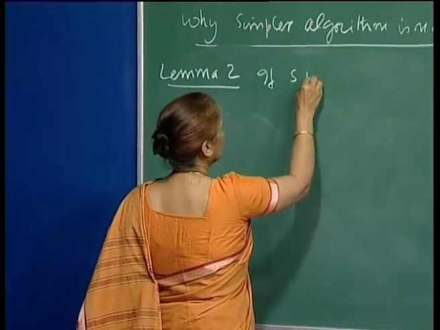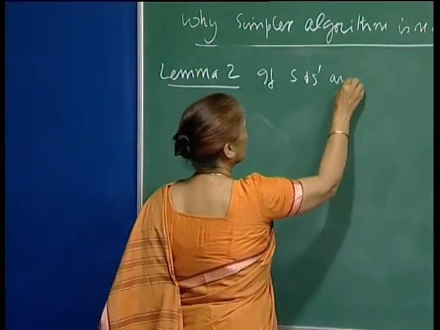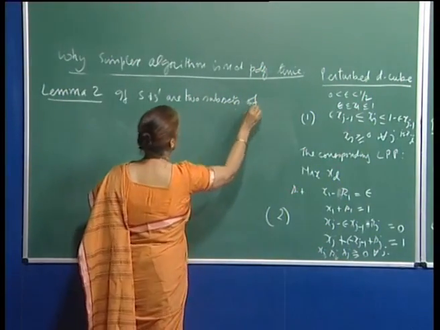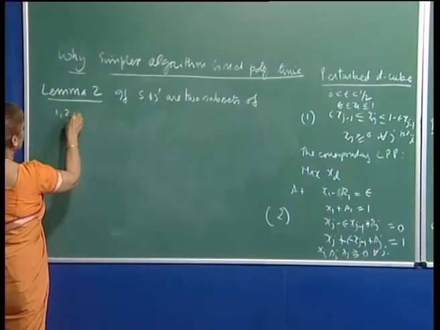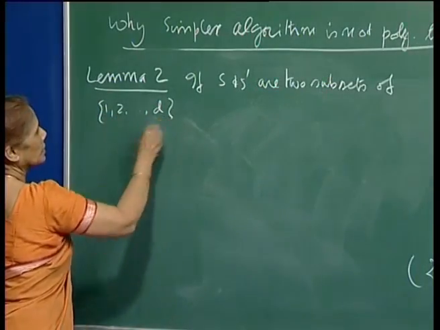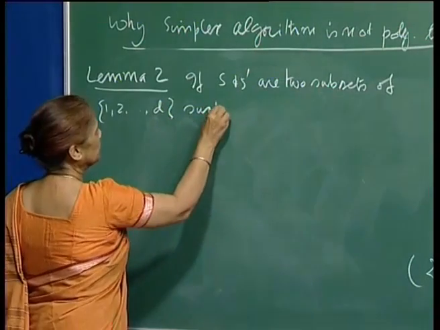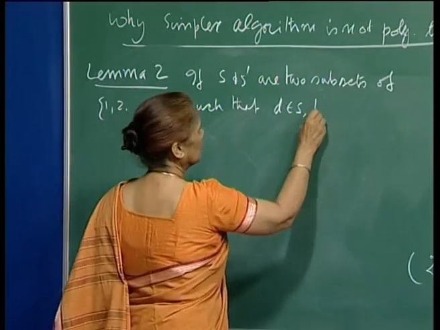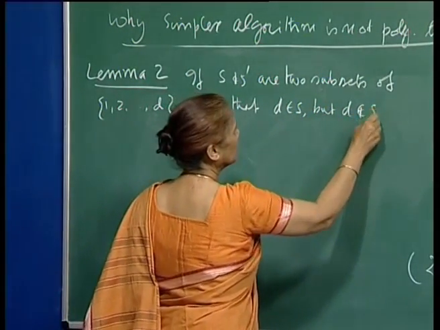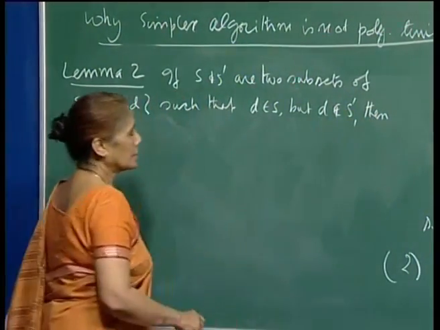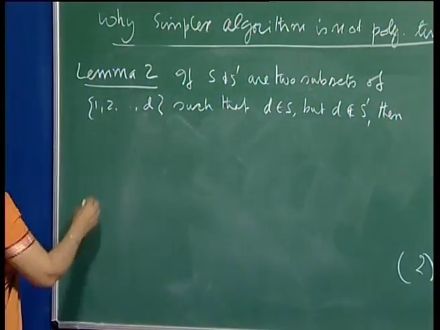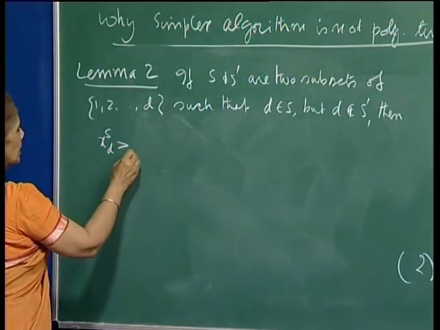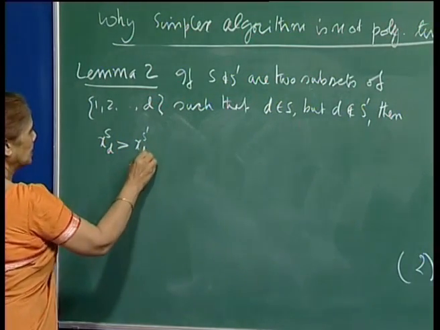If S and S prime are two subsets of the set 1 to d such that d belongs to S, but d does not belong to S prime, then, and I should have given the definitions earlier, we will say that x s d is greater than x s prime d.